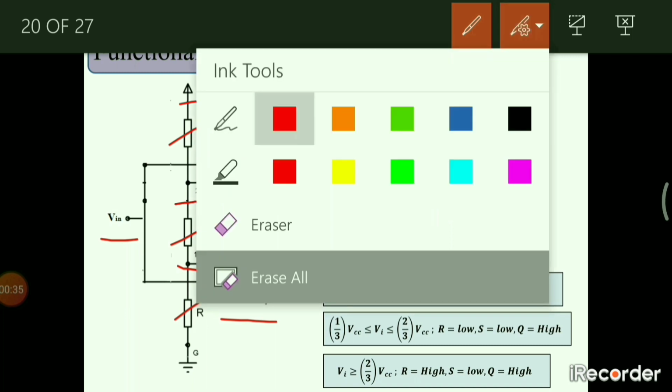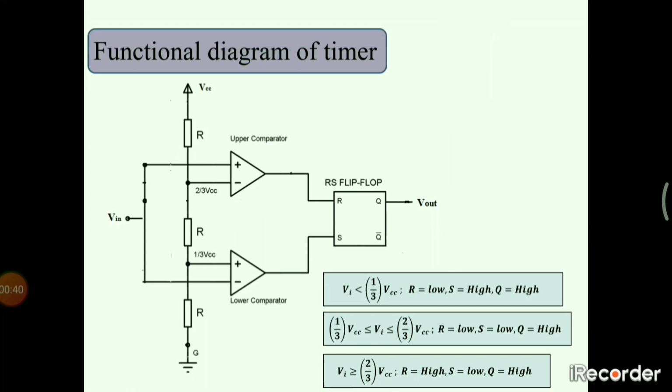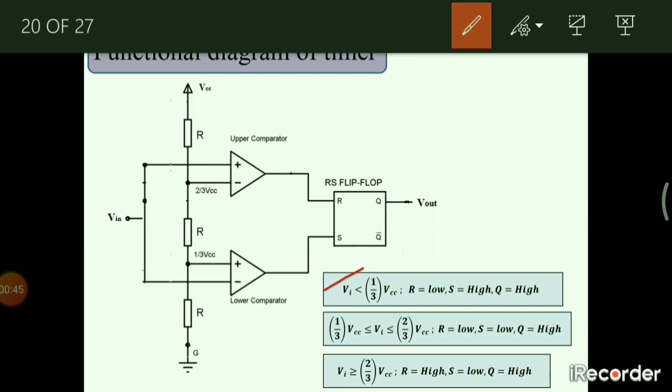Now the working principle, how it works. There are three conditions. The first condition is VI less than 1 by 3 VCC. When VI is less than 1 by 3 VCC, this VI is given to the negative terminal of the lower comparator.